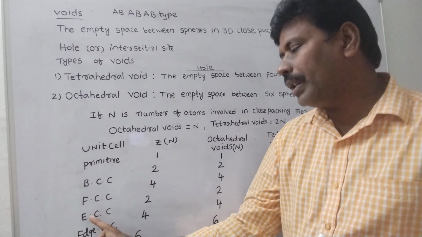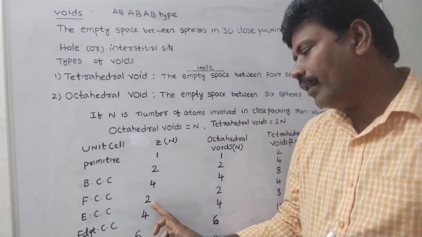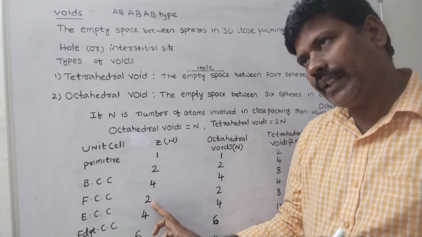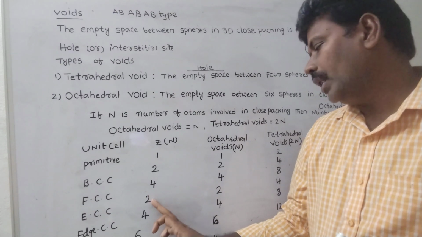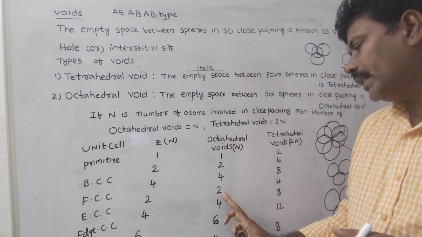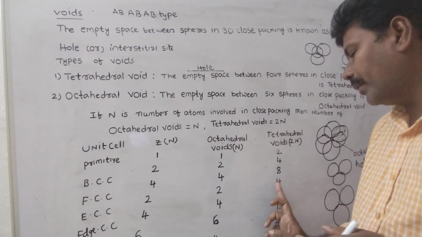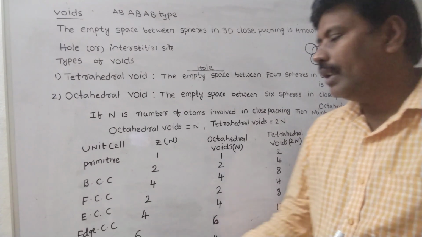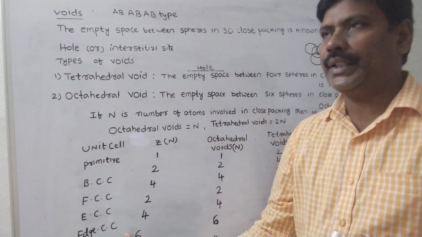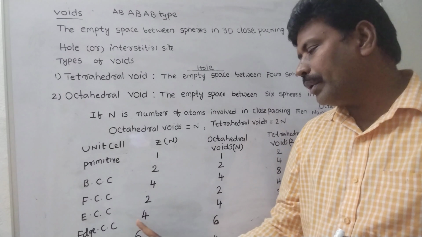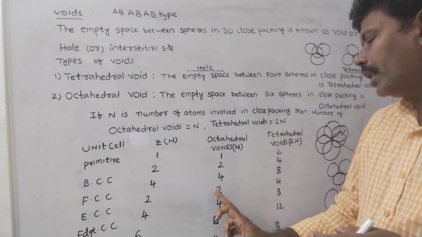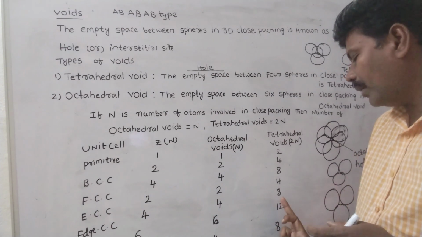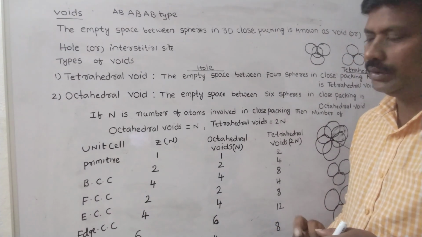For the end centered cubic unit cell, the Z value, the number of atoms in the unit cell, is 2. Therefore the octahedral voids are 2 and the tetrahedral voids are 4. For the edge centered cubic unit cell, the Z value is 4, so automatically the octahedral voids are 4 and tetrahedral voids are 8.